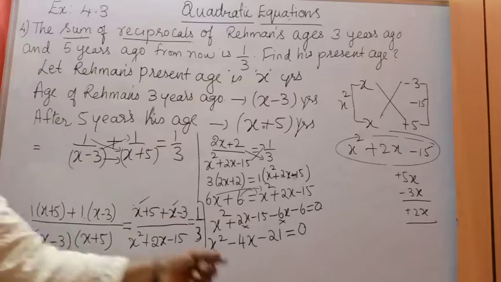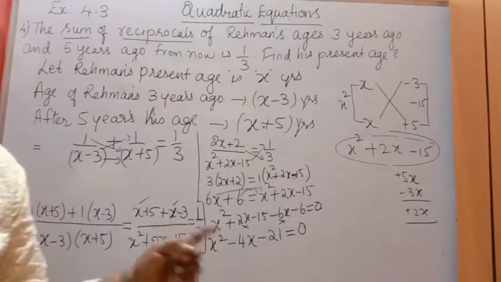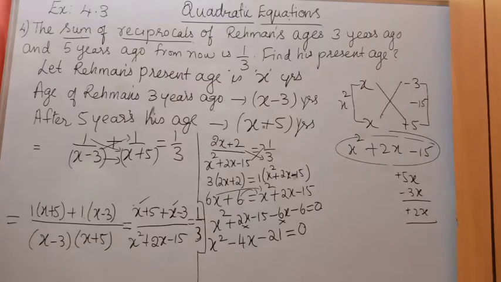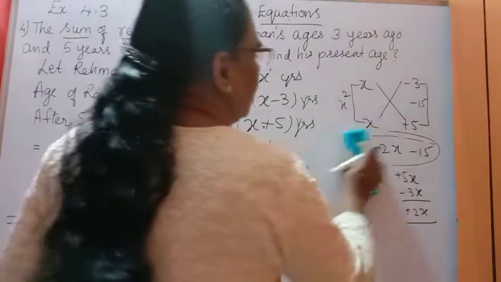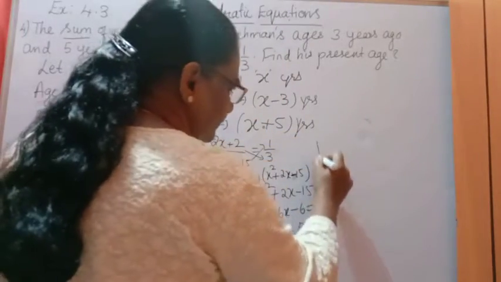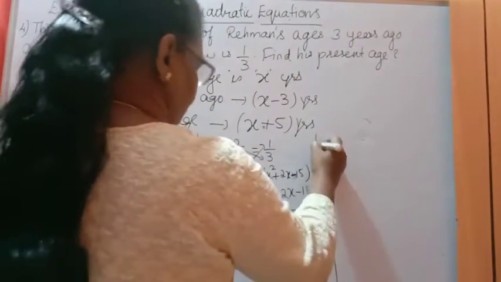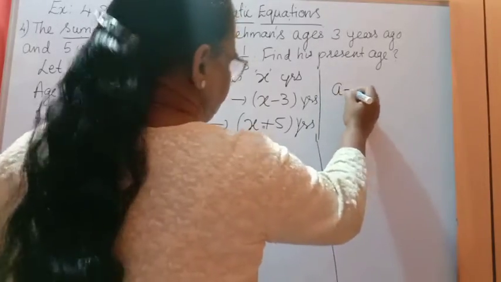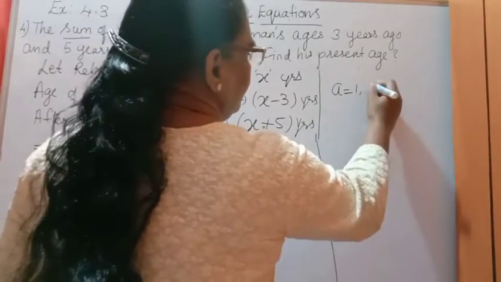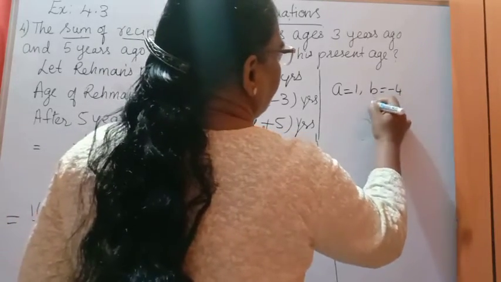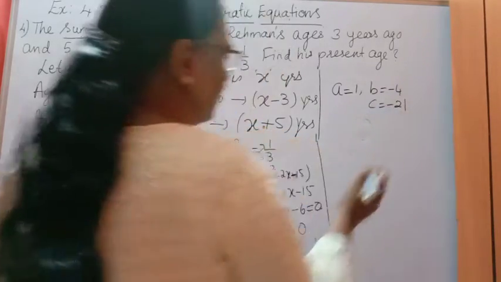Once you get this equation, you have to find the values of x. You can use the formula and find out. You know how to find using the formula, right? Here A is equal to 1, B is equal to -4, C is equal to -21.